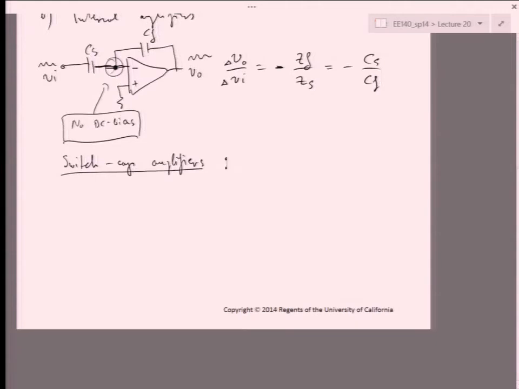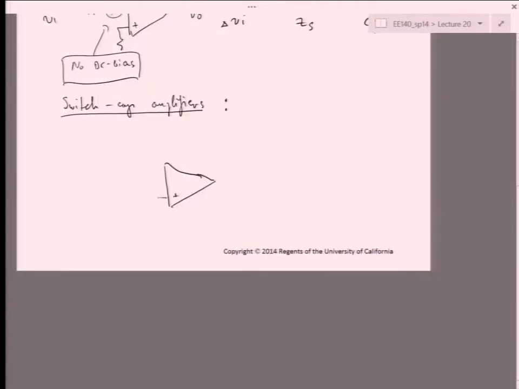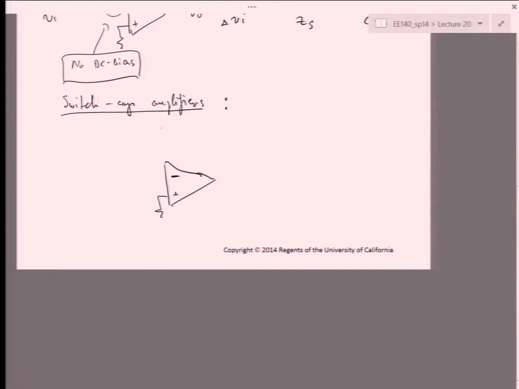So let's say that instead of just static CS and CF, we have a topology where I can also use switches. So I'll use a switch here, and I'll use another switch over here, and another switch over here.